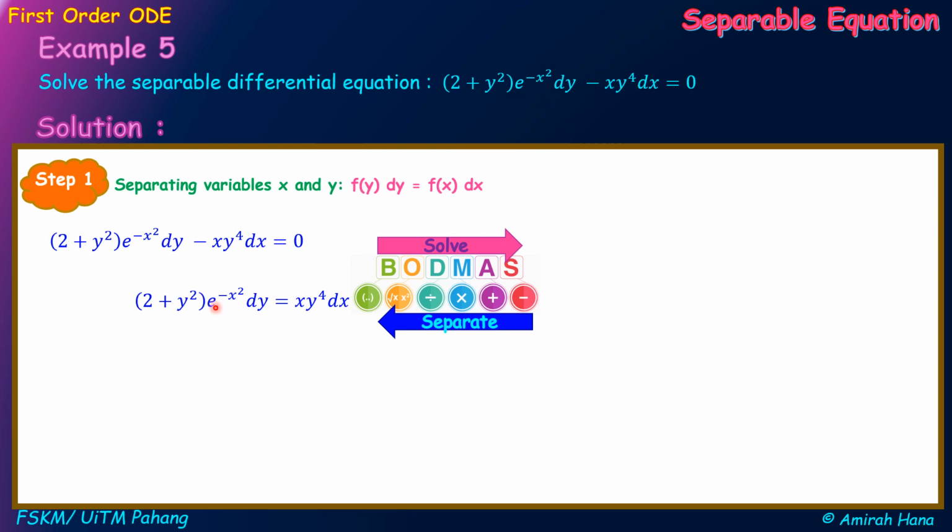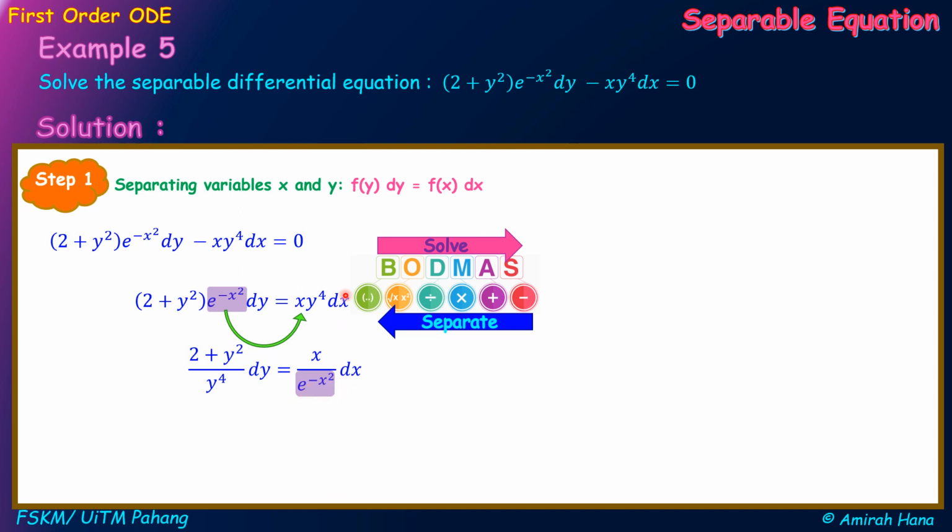So we need to move the term containing x, and this is a multiplication operation. When we move e to the power of negative x squared to the right hand side, we have it over e to the power of negative x squared.